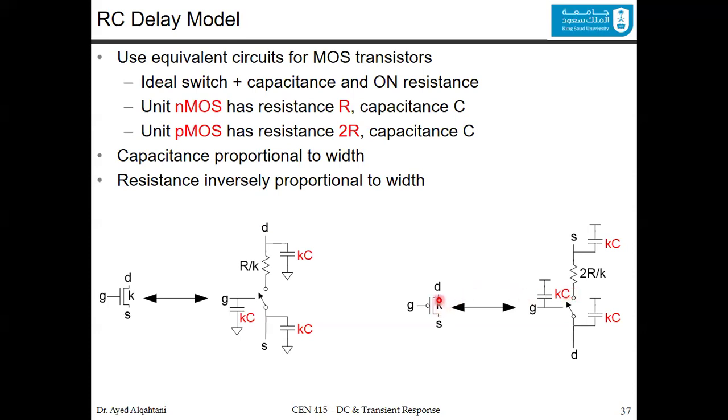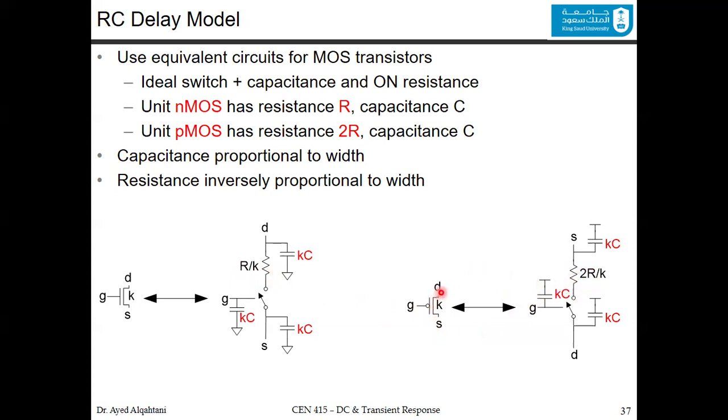So first find the value of K for this PMOS. Now for the resistance, there is something that you need to remember all the time. For the PMOS, the resistance here is 2R over K. Here it's only R over K. But the resistance here is twice that amount.